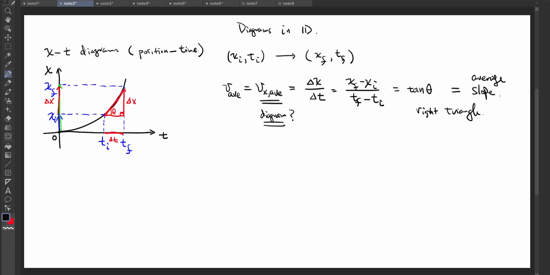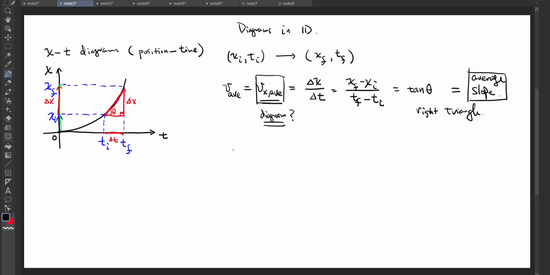You use the difference in the vertical direction divided by the difference in the horizontal direction, and then you get this angle's tangent value, and that's called a slope. Okay, and it's determined by this angle, the tangent of that angle value. So that's what we will do in the future. So the average velocity is the average slope, right, of a curve.